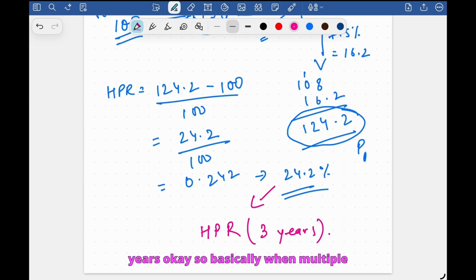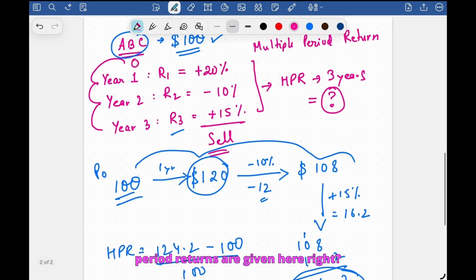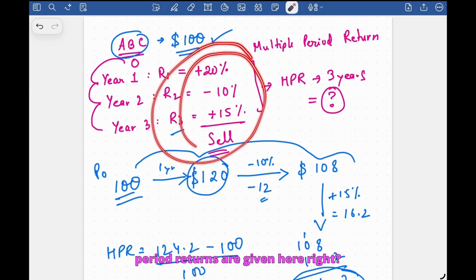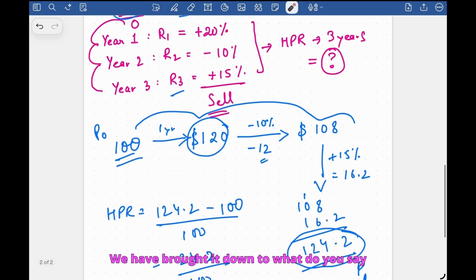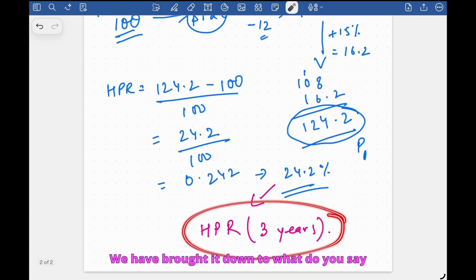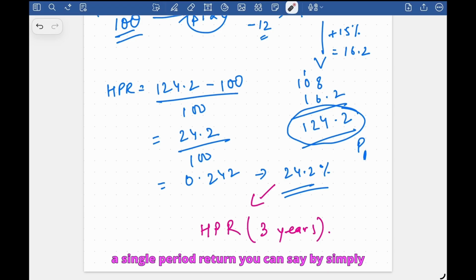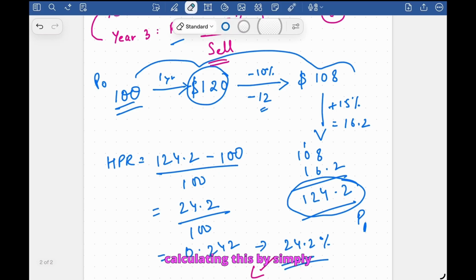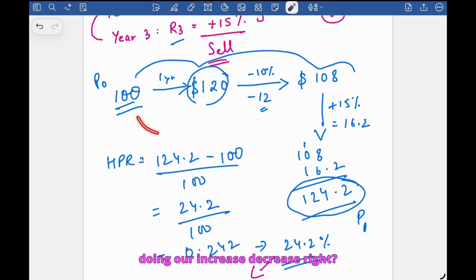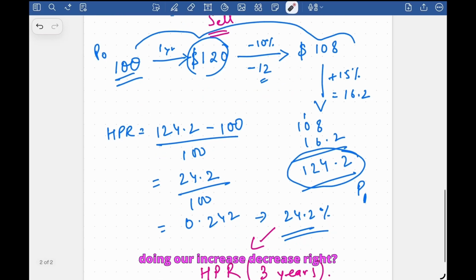Okay. So basically when multiple period returns are given here, we have brought it down to a single period return by simply calculating the increase and decrease, right?